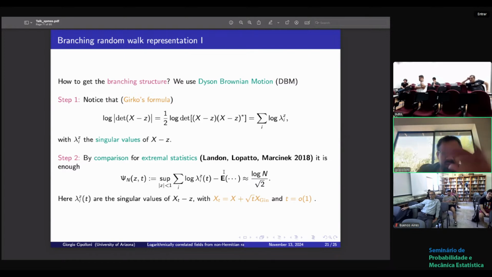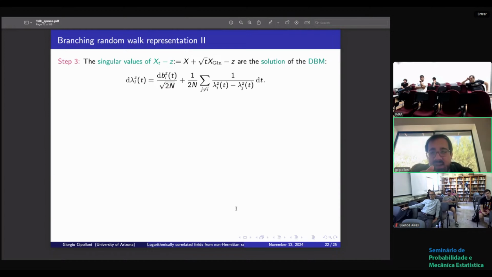So the main message in step 2 is that instead of looking at X, you can look at the singular values of this X_t minus z. One can see by second order perturbation theory that the singular values of X_t minus z are the solution of the Dyson Brownian motion, which is a system of coupled SDEs that I wrote down here.